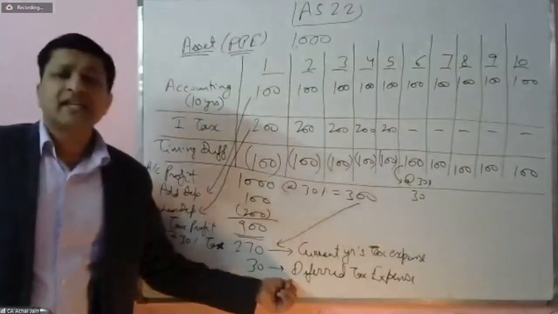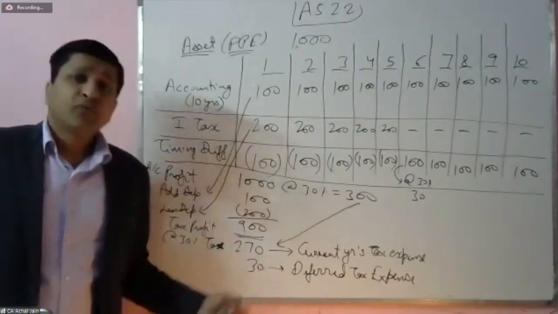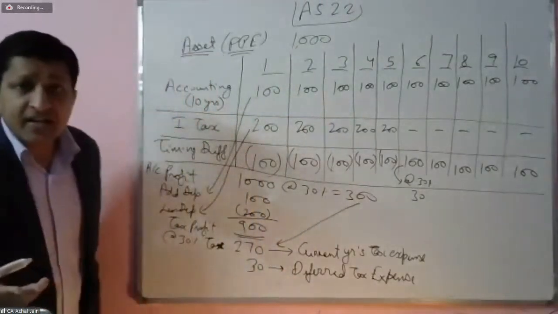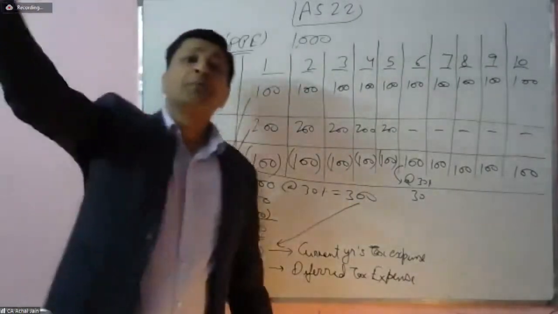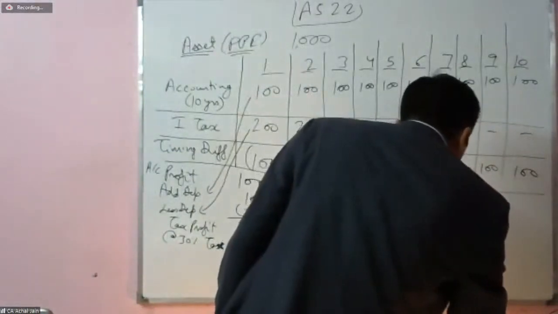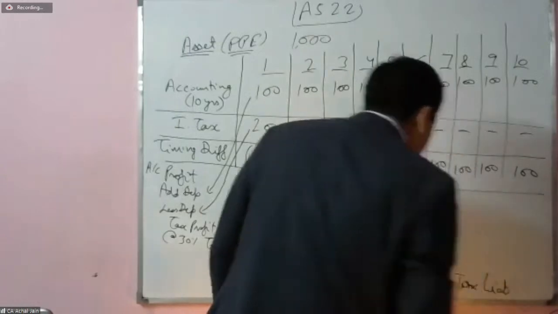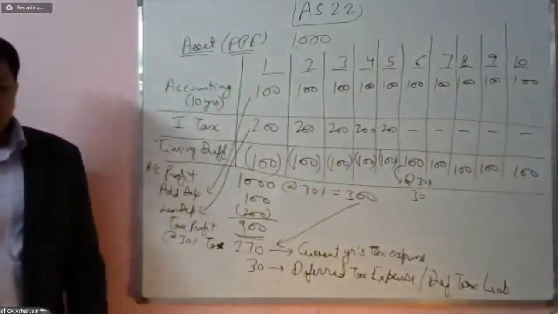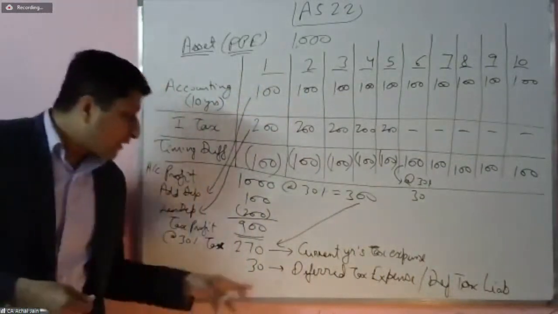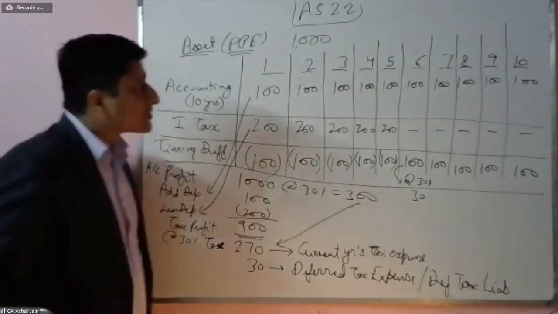So we are recording this as deferred tax expense, or you can say we are recording a liability. Why are we saying it's a liability? Because it's going to be paid in the future years. Or you can say deferred tax expense which will result in a liability, deferred tax liability. So what will be the accounting entry for this?